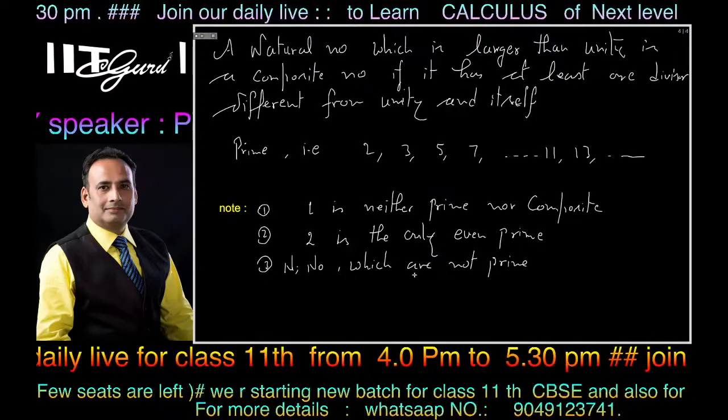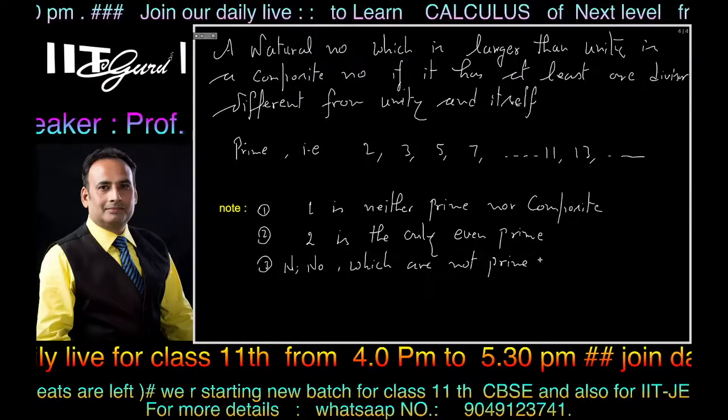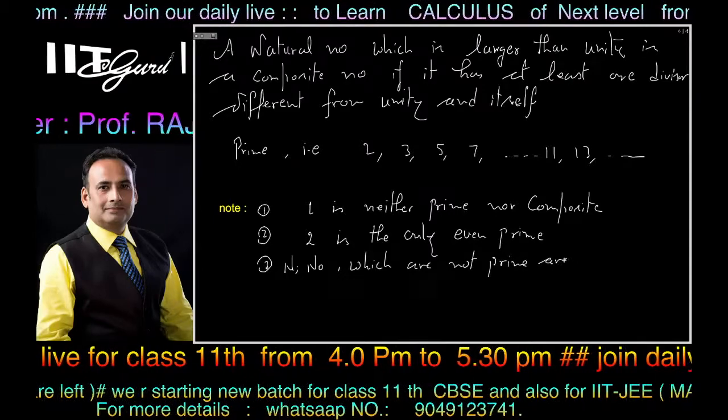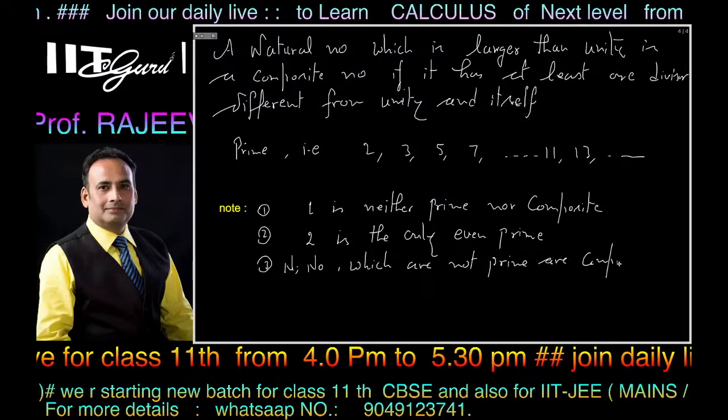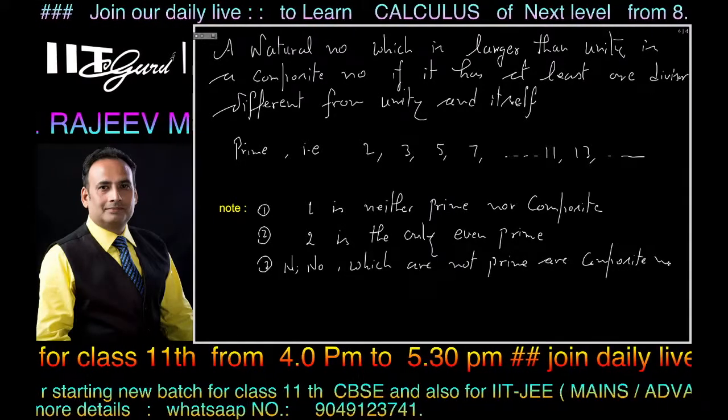What I want to say is, natural numbers which are not prime are composite numbers.